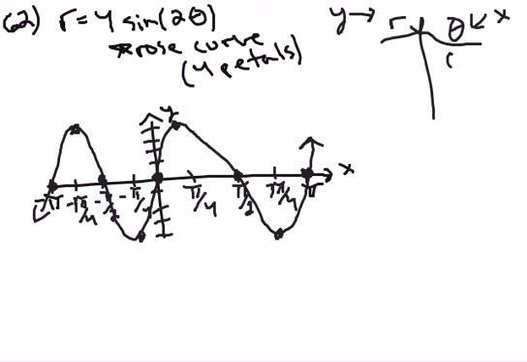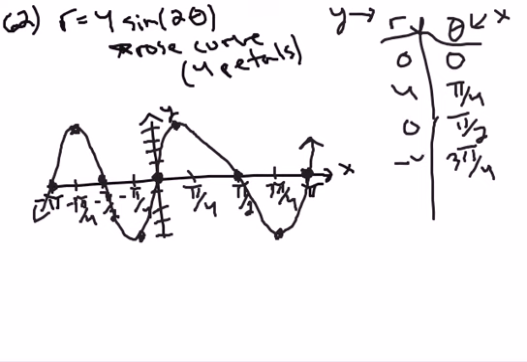So when I plugged in 0, I got out 4. When I plugged in pi over 4, whoops, when I plugged in 0, I got out 0. When I plugged in pi over 4, I got 4. And then there's a lot of repetition here. Pi over 2, 0, 3 pi over 4, negative 4, pi, 0. You'll see that these aren't actually enough points on this r theta table to graph this, but that's okay because there's a lot of symmetry here.